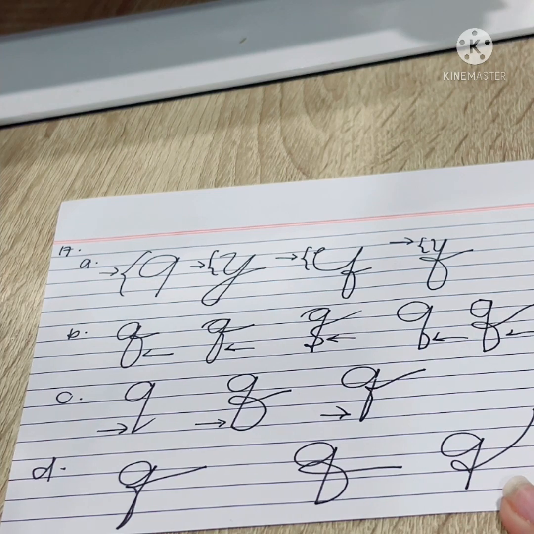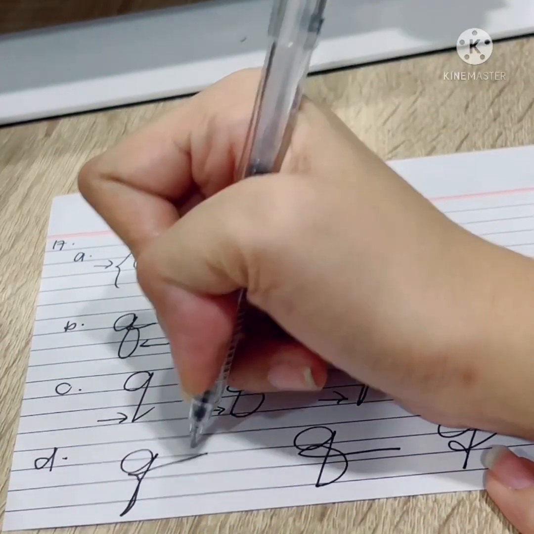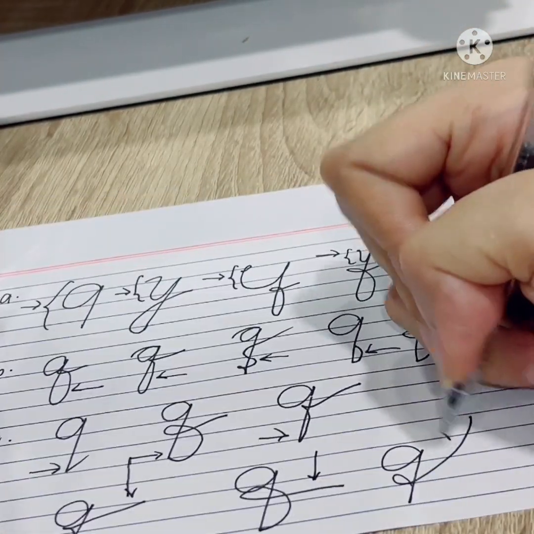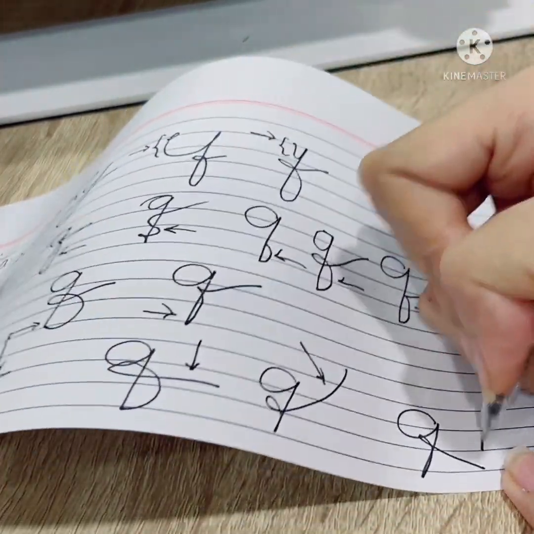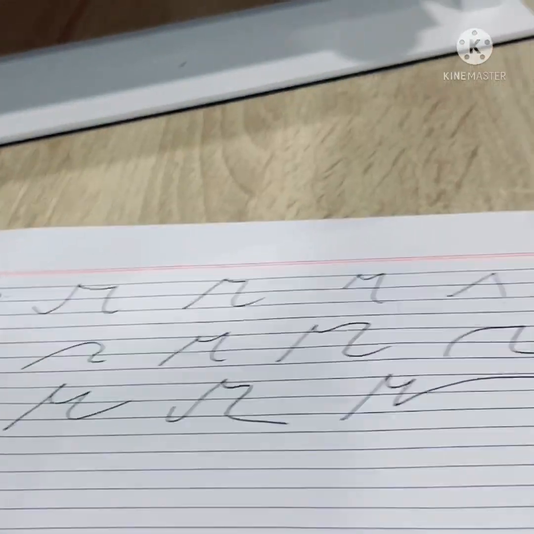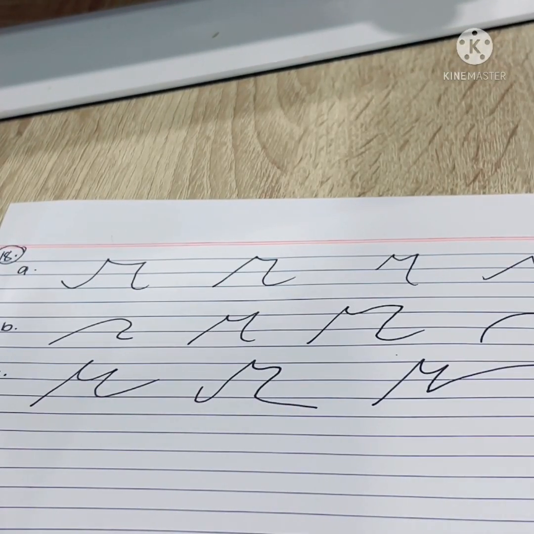Examine the final stroke the usual way. Number 18. Examination of small letter R.